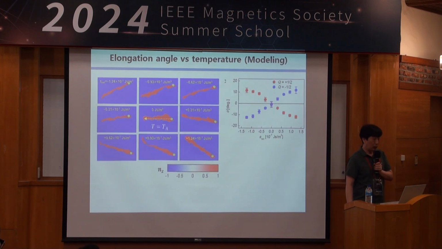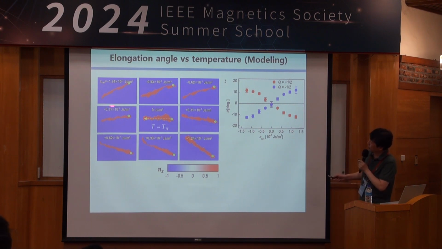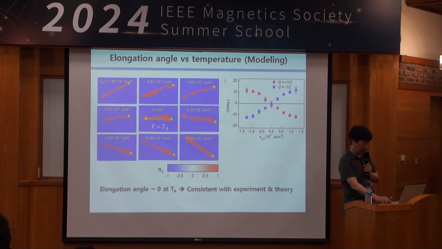We also carried out atomistic LLG simulations and varied the net angular momentum, and we calculated this elongation angle. So this is negative, this is positive, at T_A it is more or less 0, and the results are summarized here. So this is also consistent with experiment.